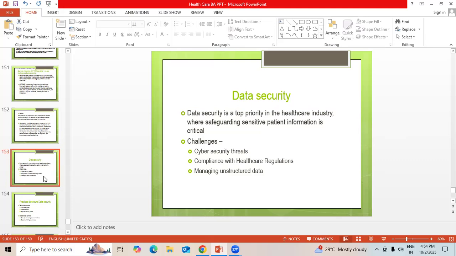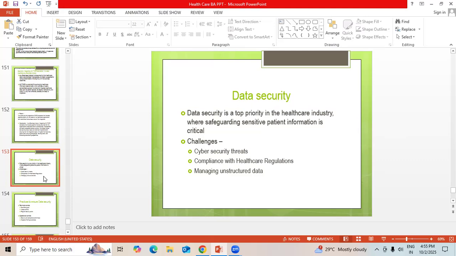So data security is a top priority in the health industry, to safeguard sensitive patient information, which is critical.